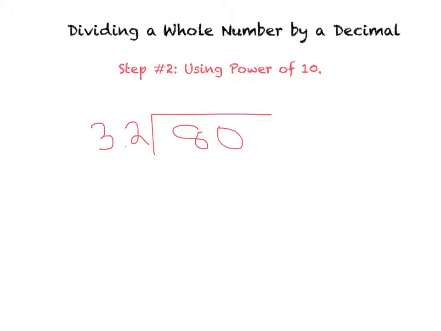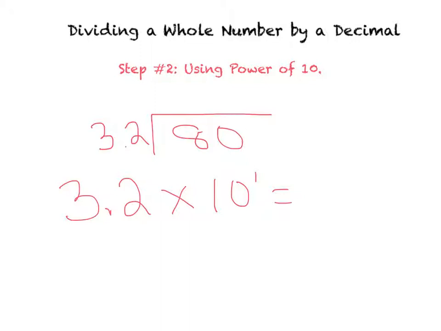So now I'm going to use the powers of 10 to help me change these numbers so I can divide them. I am going to use a power of 10 to multiply these numbers. I am going to take 3 and 2/10 and multiply it by 10 to the first power, which is just 10.